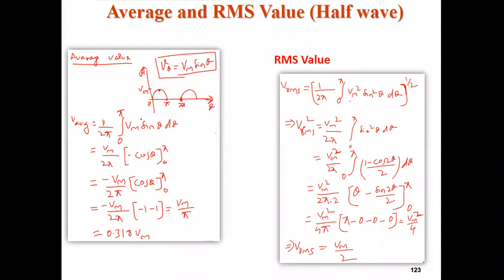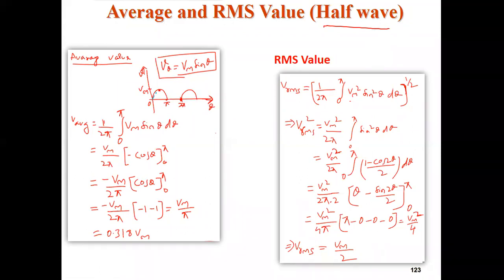Just remember here one important thing. You are calculating your average value. Okay, so if it is for a half wave, first we are going for a half wave. So you see, we are calculating the average.